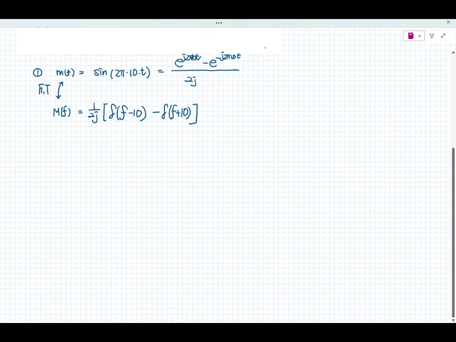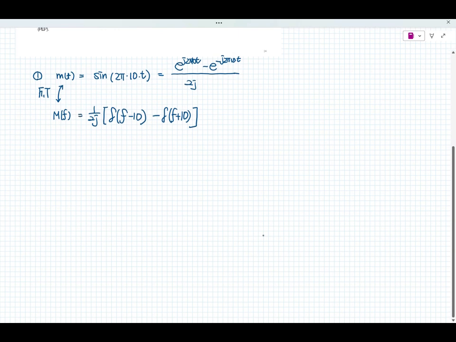This is the first step. Now we also have to find the spectrum of the AM signal, g of t, that spectrum is S of f.